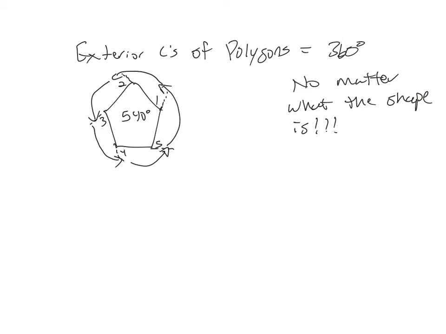Triangle, square, rectangle, octagon, decagon, 40-gon, the exterior angles add up to 360 degrees, no matter what. Okay, so that can be a huge help in some of the problems.